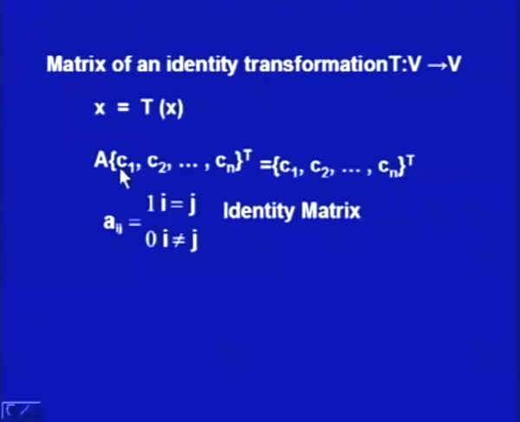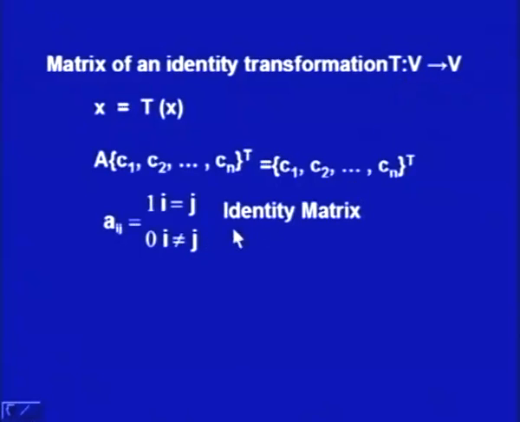So if I have a vector C1 C2 Cn, that will map to A times C1 C2 Cn, then this relationship is possible provided Aij is equal to 1 whenever i is equal to j and 0 when i is not equal to j. If we can have such Aij's, then this is possible, and this will be such a matrix for the given linear transformation T.